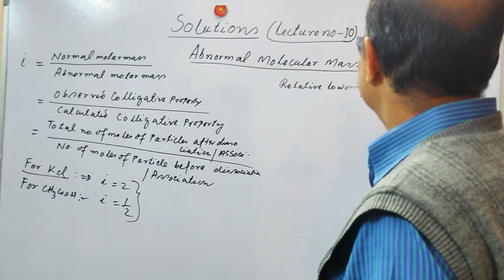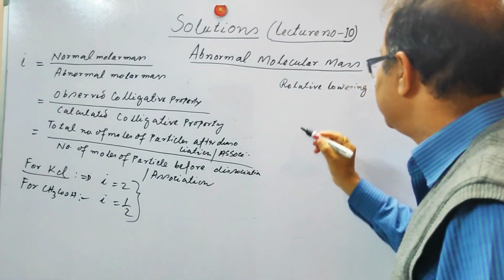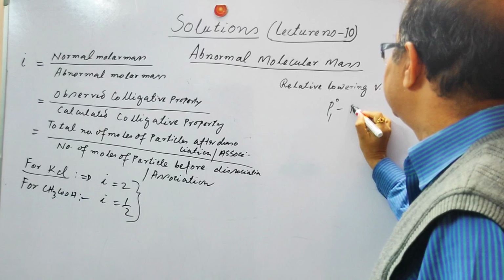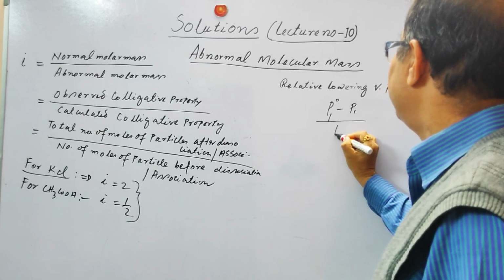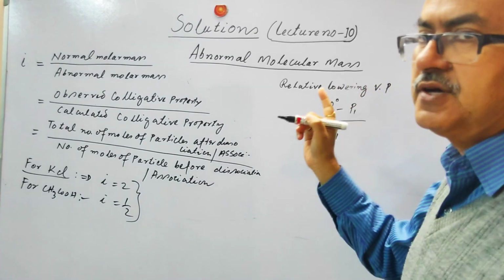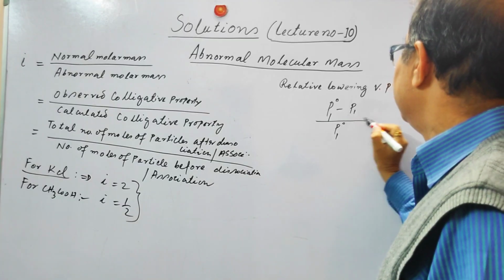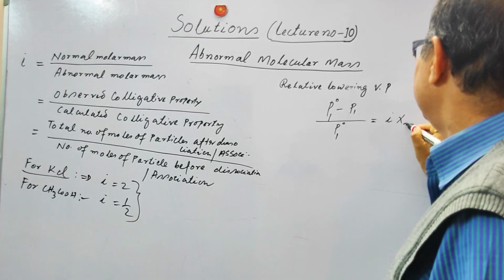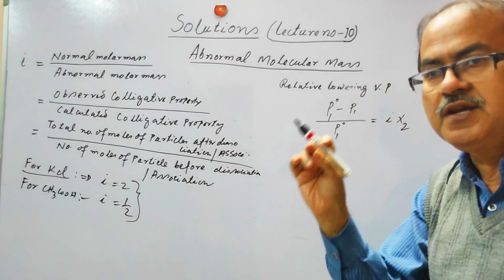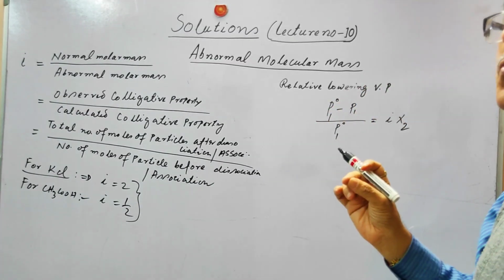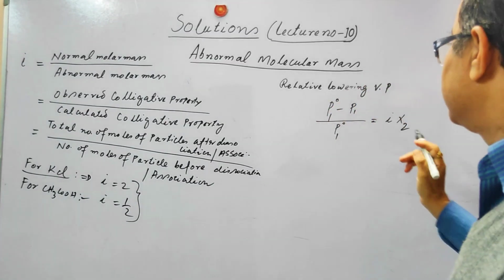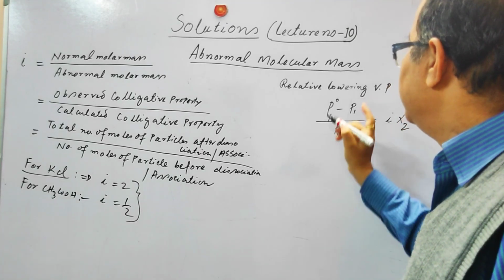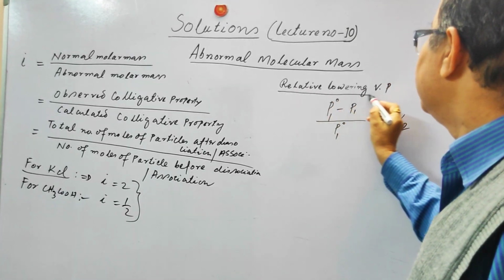We can modify this equation like this: from our previous lecture, lecture number 7, it is i into X2, where X2 is the mole fraction of the solute. So you have to put this i factor. This is the relative lowering of vapor pressure.